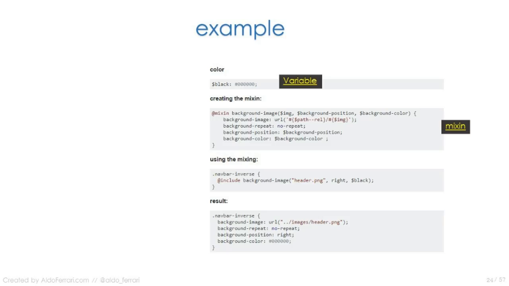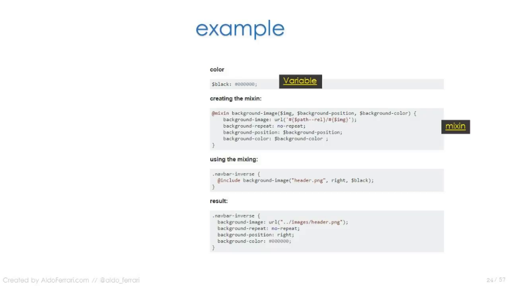A real example of what I said before is creating a variable for one color, for black, and using the variable in a mixin. For example, I have a mixin to create a background image, defining all the different positions and the background color as parameters. I use it in a real example in the third block, and I pass my parameters.